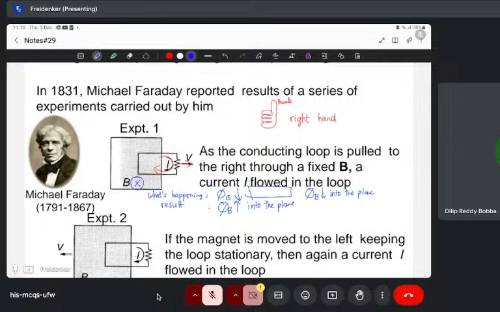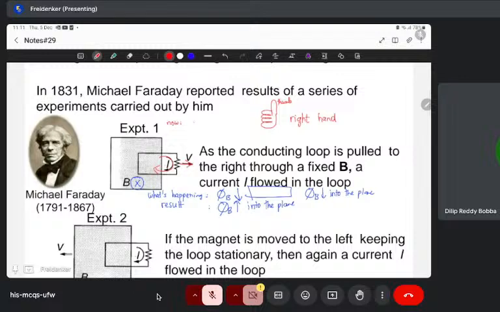So what is happening? Now we know the magnetic field is into the plane. Now we'll try to find out the direction of current. When this loop is moving outwards, magnetic flux is decreasing because the number of field lines passing through this area is decreasing as time passes.